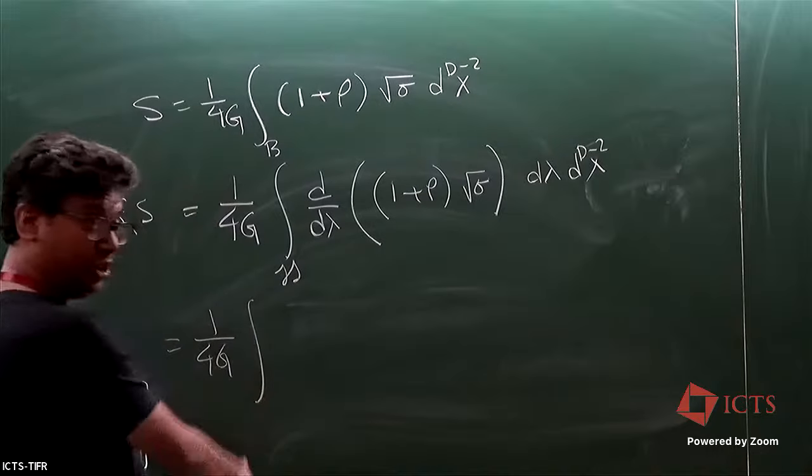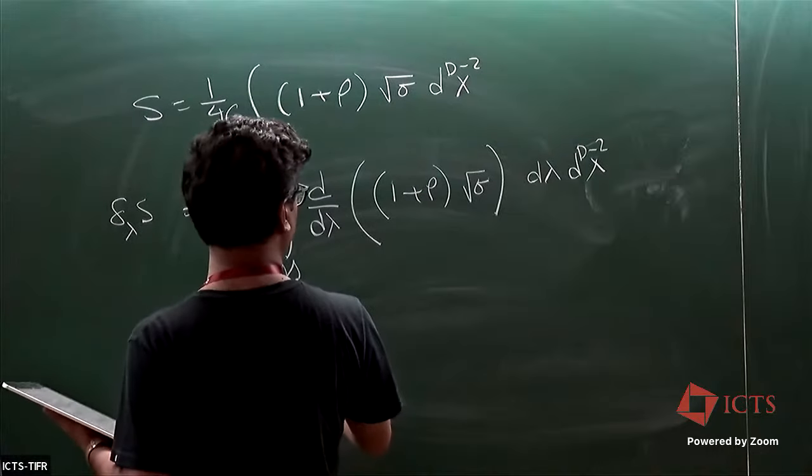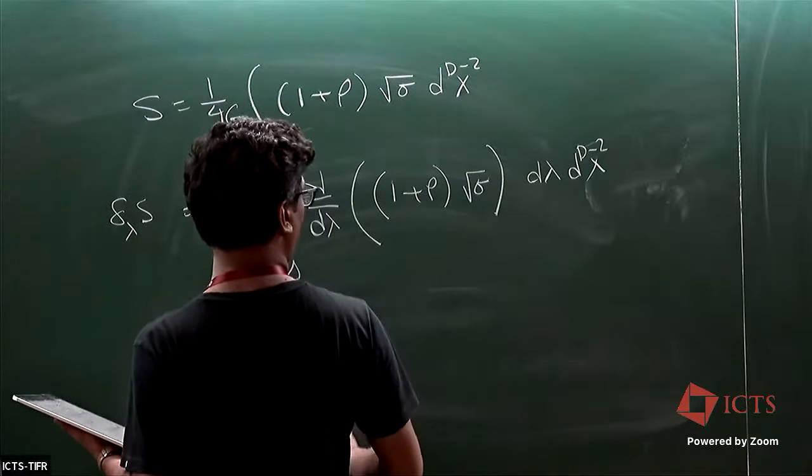So what should I get? 1/4G integral. This integral is a 3-dimensional integral. Don't forget it. That means the 1 will not work out. Then I'll have rho.